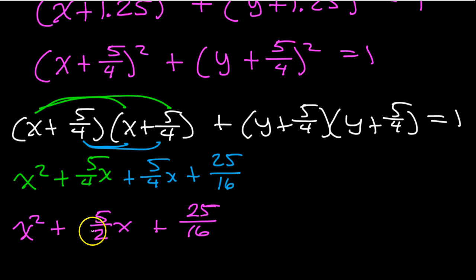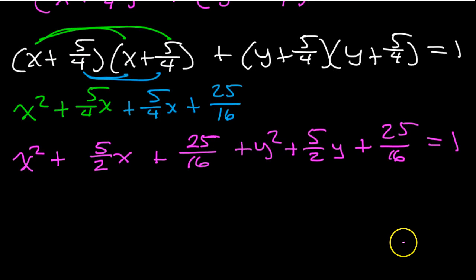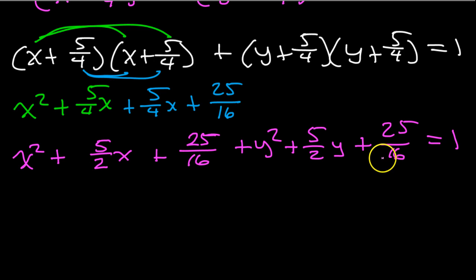So I'm going to copy this for the y's because I know it would be the same thing. So this would be plus y squared plus 5 over 2y plus 25 over 16 is equal to 1. So let's clean this up just a little bit by combining the 25 over 16 plus 25 over 16.